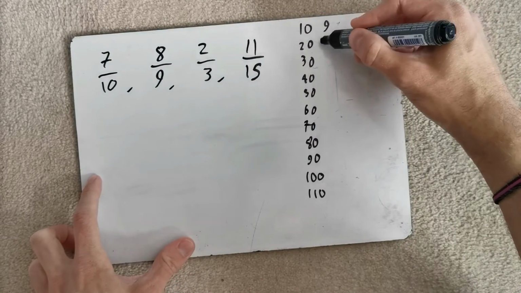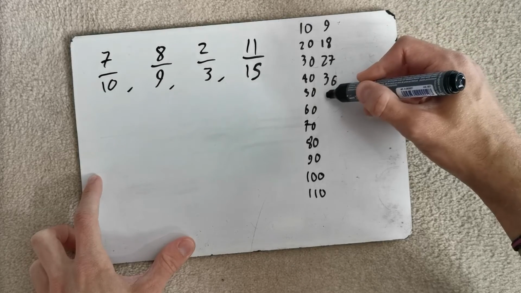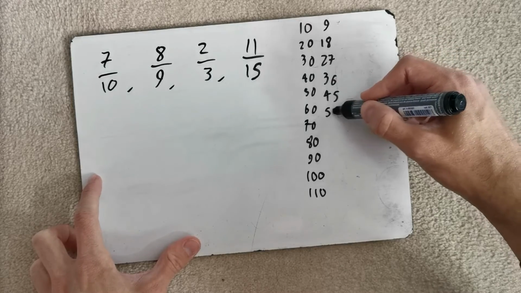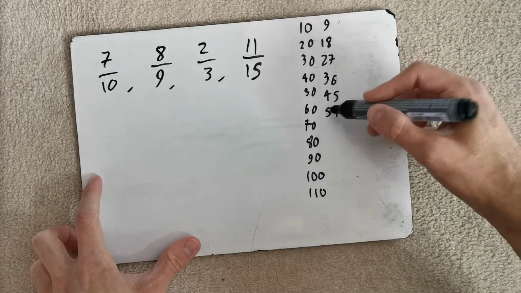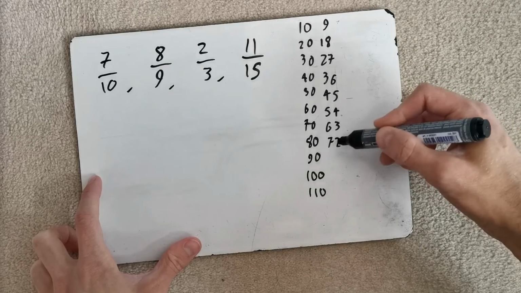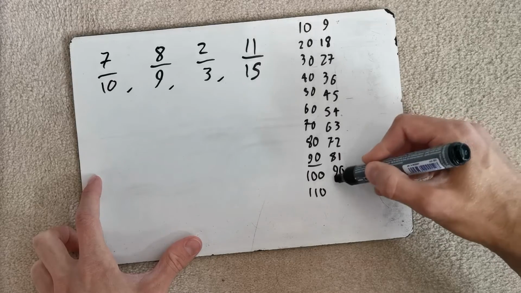For 9s, 9, 18, 27, 36, 45, 54, 63, 72, 81, 90. Oh, that might be useful.